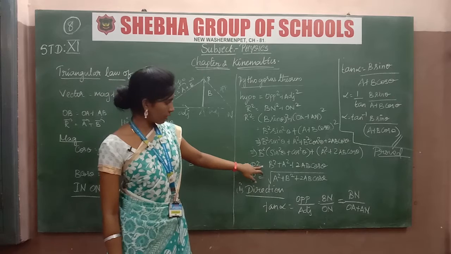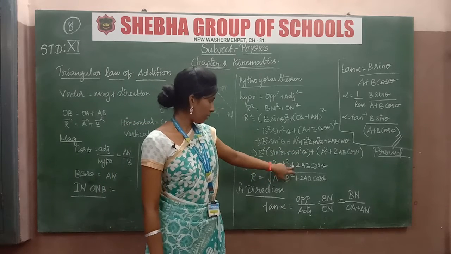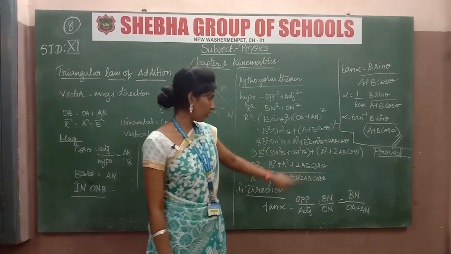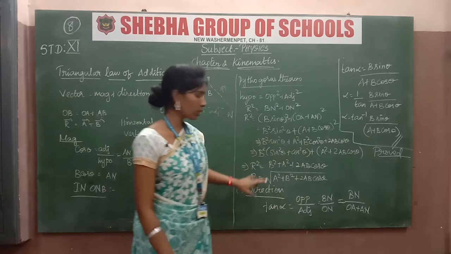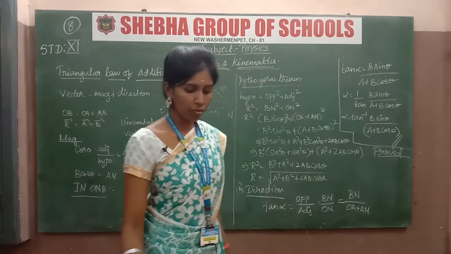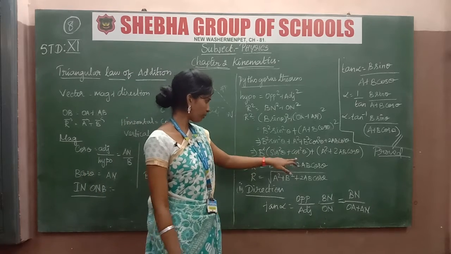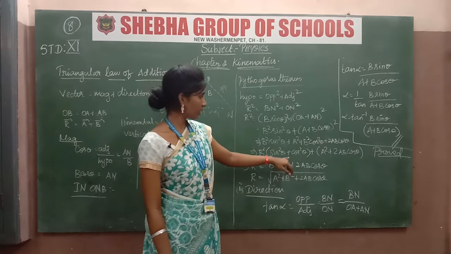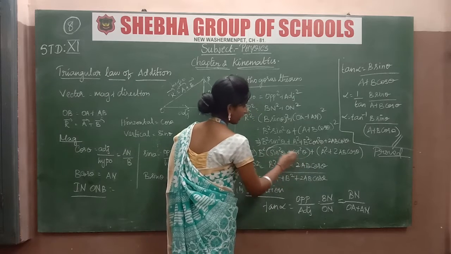So R square is equal to B square plus A square plus 2AB. Here this sin theta and cos theta will be cancelled, because its value is 1. So the value of sin square and cos square theta is 1. So here B square plus A square, this whole value will be taken as 1.